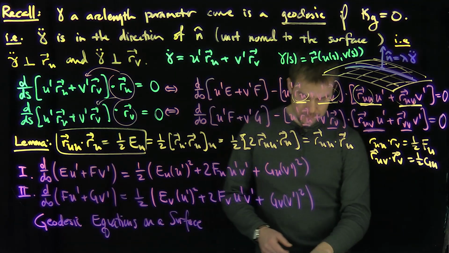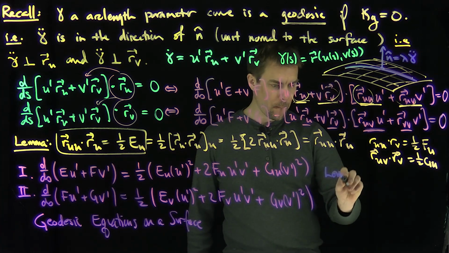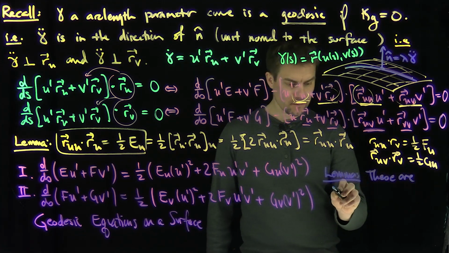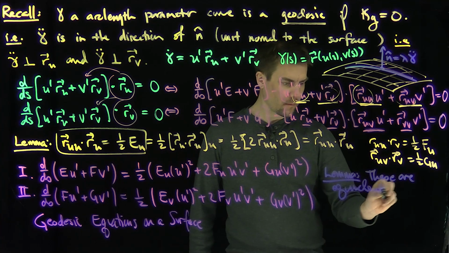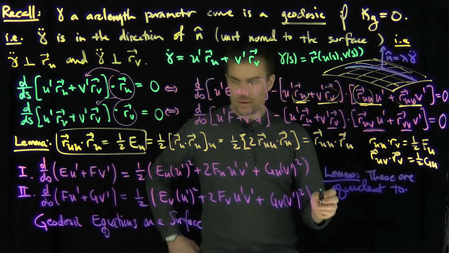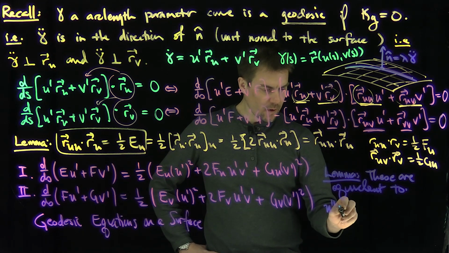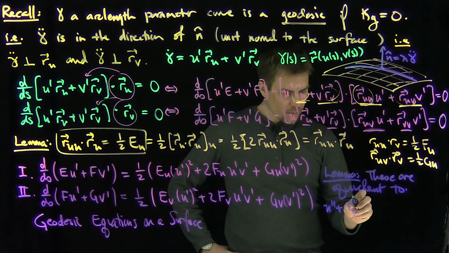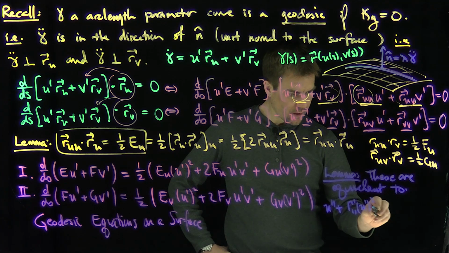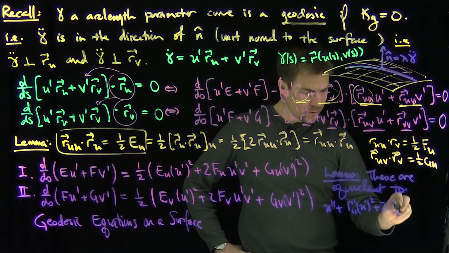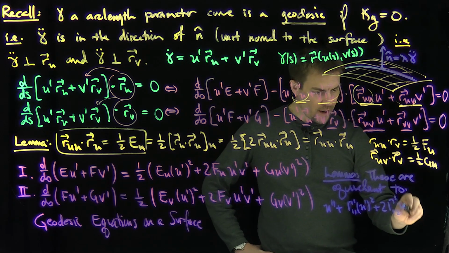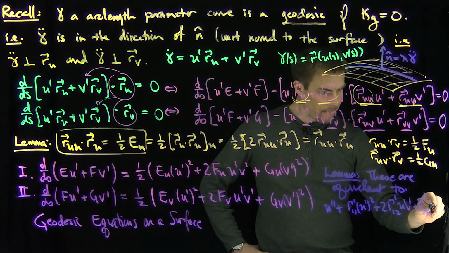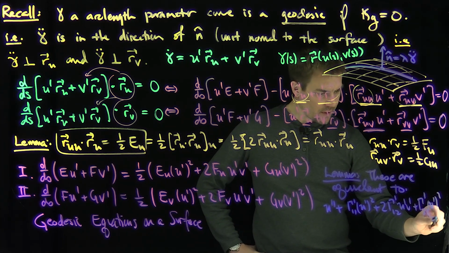Now it turns out these are equivalent to u double prime plus gamma 1,1,1 u prime squared plus 2 gamma 1,2,1 u prime v prime plus gamma 2,2,1 v prime squared is equal to 0.